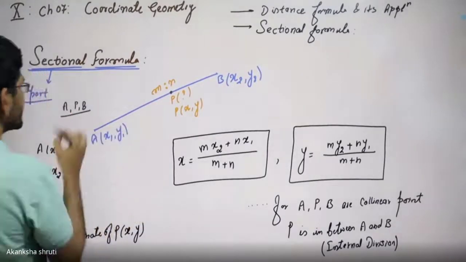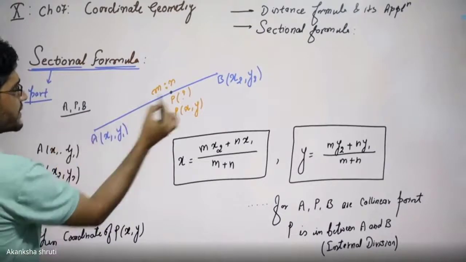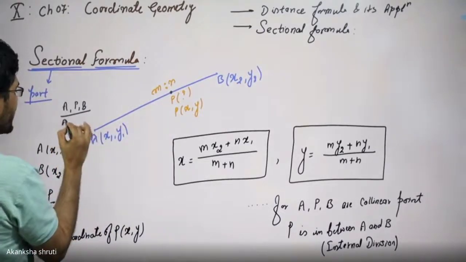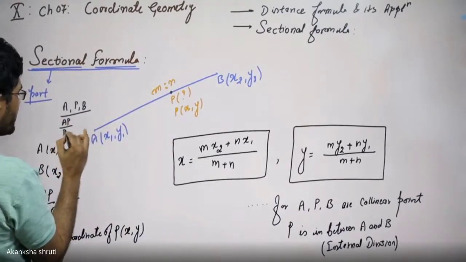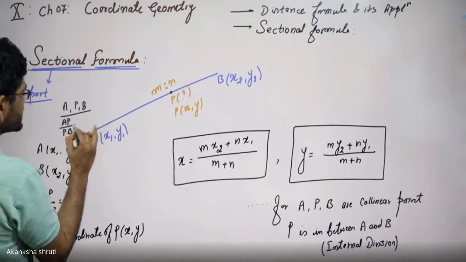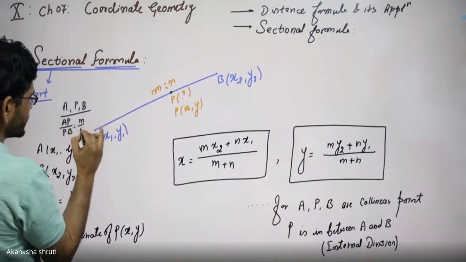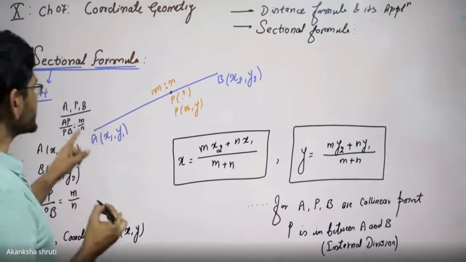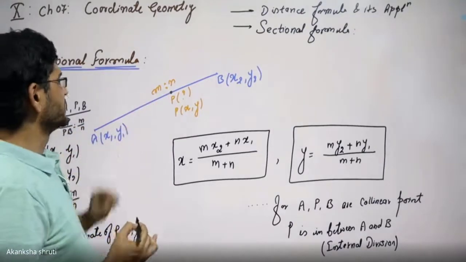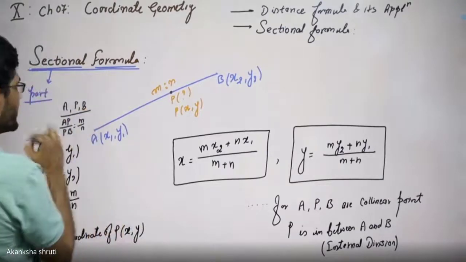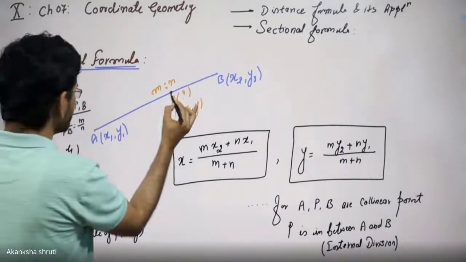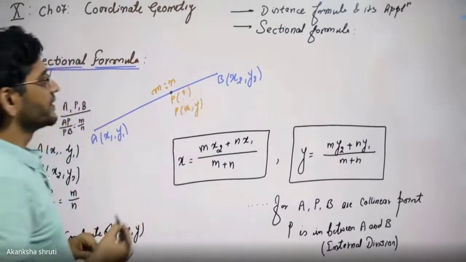First thing. The next one is the ratio AP to PB. This length is taken as m to n. We are interested in taking the ratio of the length. Also, this P is in between A and B.